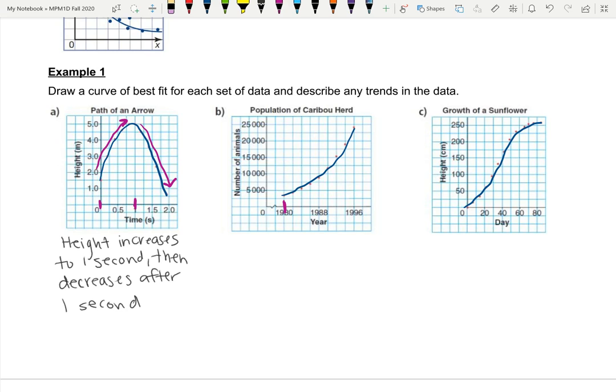But it's creating this curve, which means that from 1980 to about 1988, this curve is increasing, but then after 1988, it sort of increases at a more rapid pace. So that's why on the second half of our curve, our curve is getting steeper. It's steeper because the number of animals is increasing at a faster rate.